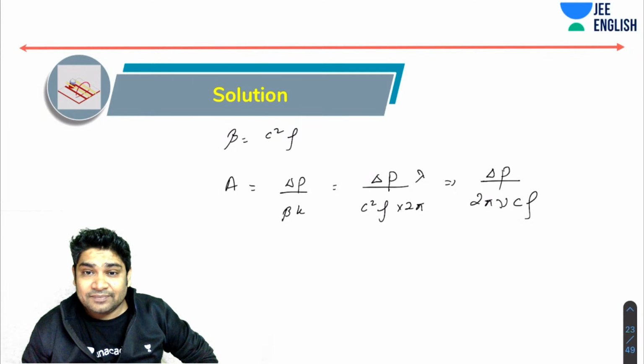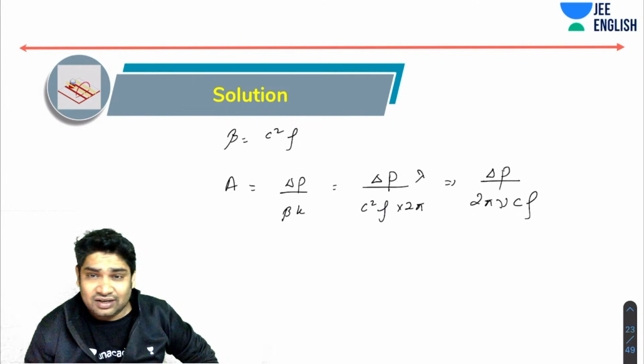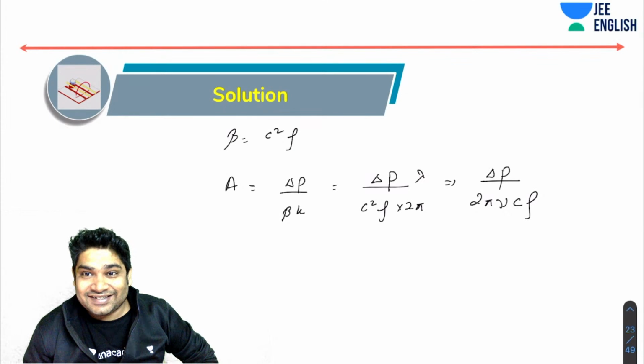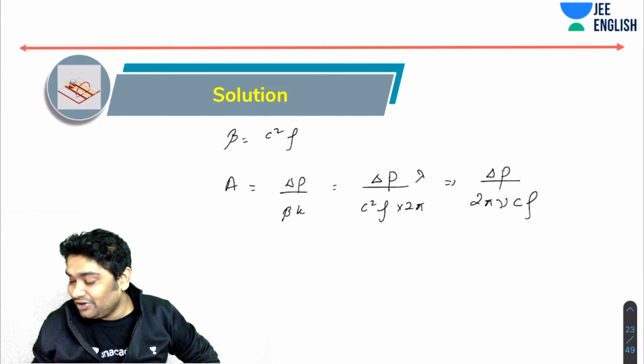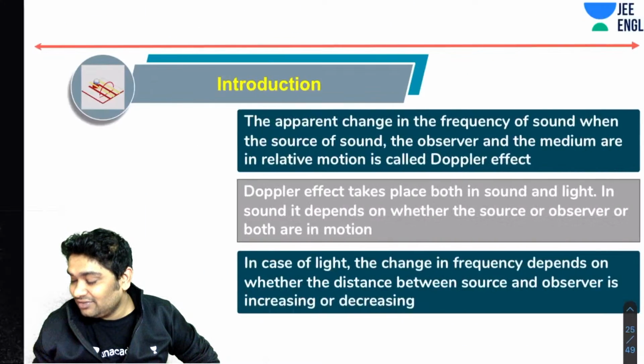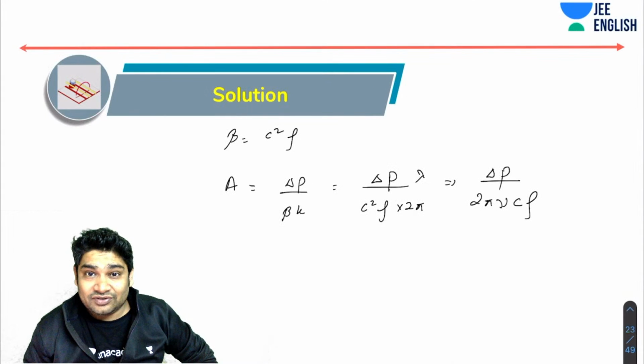That is it. You just have to rearrange the coefficients a bit. The frequency is known, and it is assumed that you know the density and the speed of sound. Then all you need to do is substitute the values, and that is how you would have solved this.